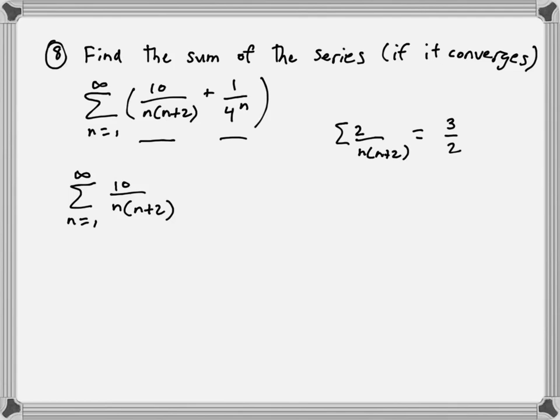Now, how can we deal with this one? Well, by the theorem we just wrote down, isn't this the same? If I pull a 5 out, isn't this the same as 5 times this series that we did earlier? Why am I allowed to pull a 5 out? Again, it's by the theorem that we just wrote down, right?